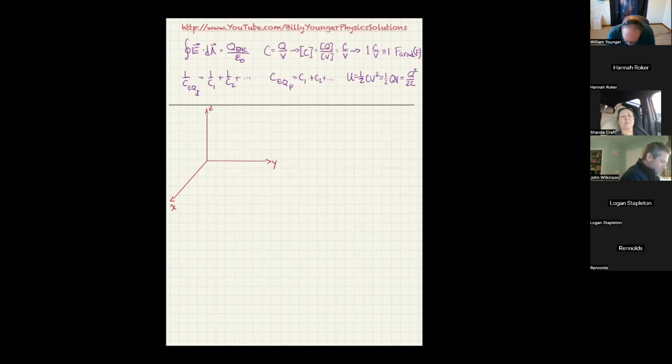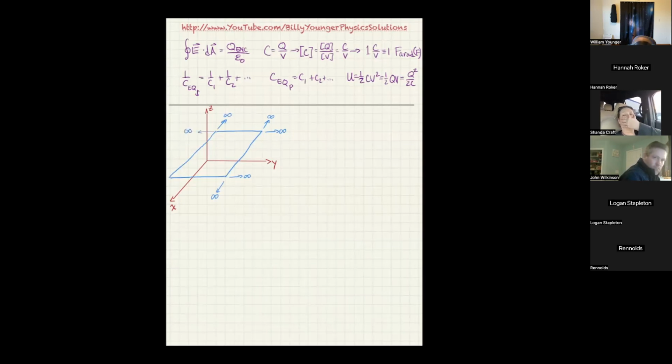So let's start right here. What I'm imagining is that this plane will go on forever that way and that way, and of course also this way and this way, and this way and this way. And of course, this last corner as well, but it's a little harder to show.